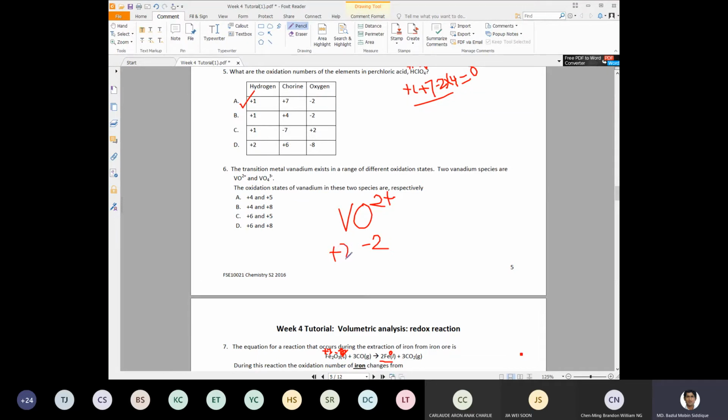So I consider this positive X, right? And oxygen will be -2. If we sum these two up, it should be the +2 charge all together.